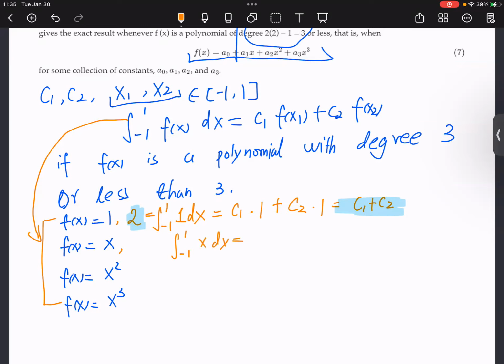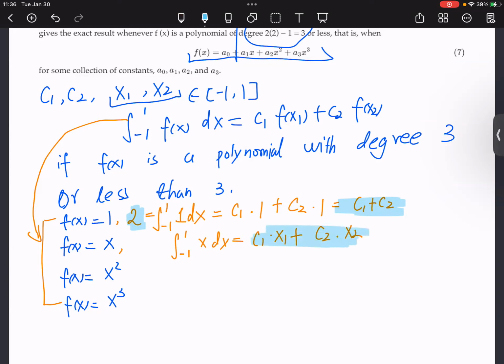If we plug x1 in here, we got C1 times x1, and then C2, plugging in x2 here. f(x2) equals x2, so here we have x2. This is the right-hand side of this equation.